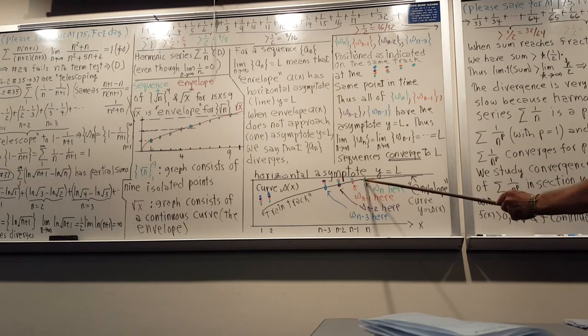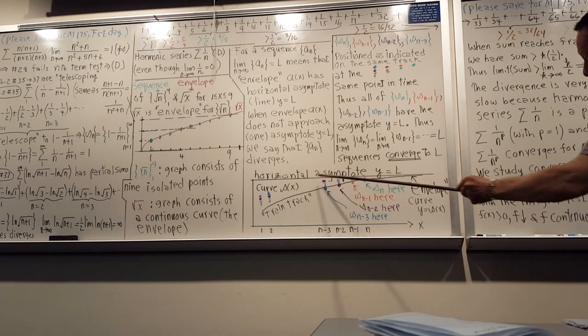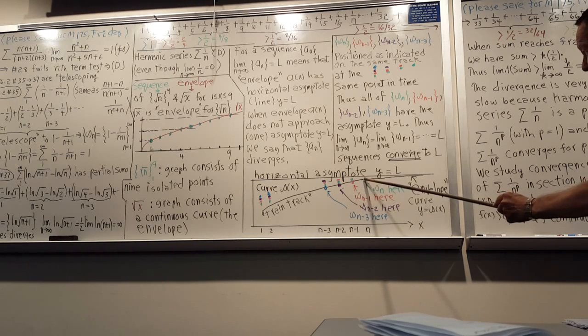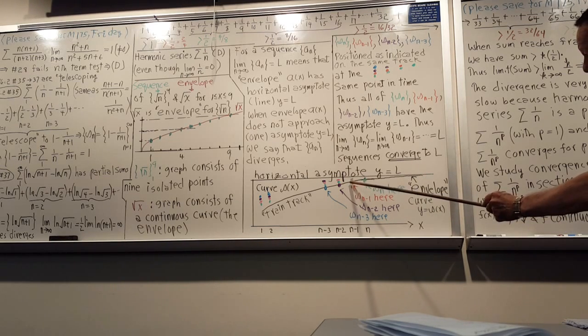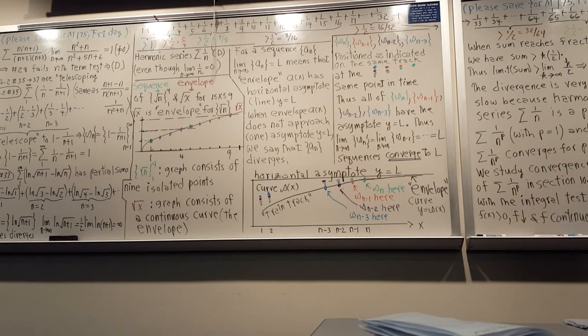So if the limit of Sn is L, which would be the horizontal asymptote for the original envelope graph, which is like the, let's say, the train station, if the limit of Sn is the train station, which is this asymptote, so is the limit of Sn minus 1, Sn minus 2, Sn minus 3. They'll all get there.